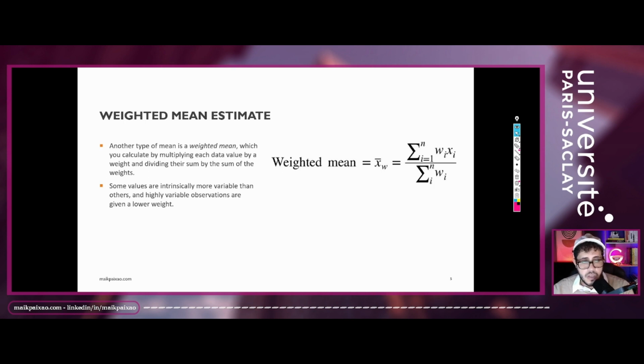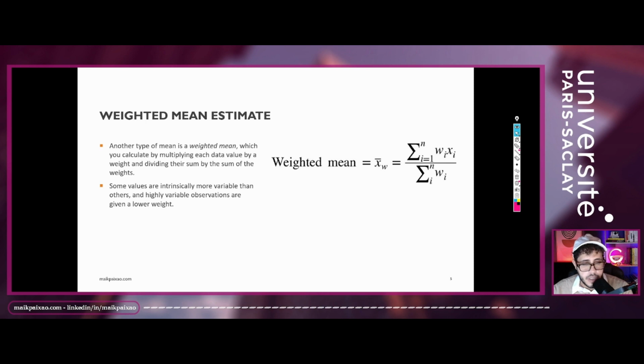Some of the values are intrinsically more variable than others, and highly variable observations are given a lower weight. So what does that mean? Imagine you have data collected from multiple sensors, and maybe some bad data that were collected wrongly.